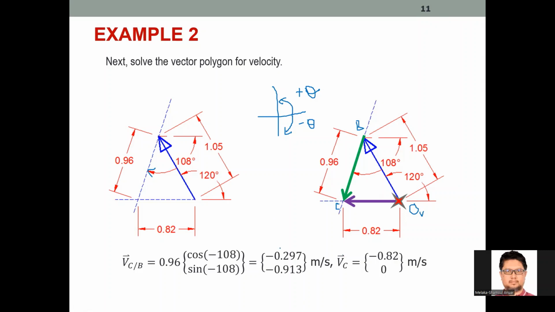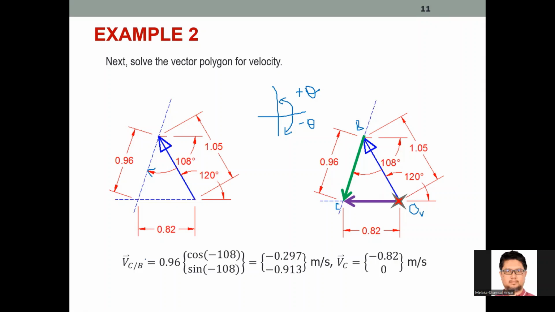Okay, and we get this 0.96 heading in this direction, and through calculation, if you do your drawing manually, you need to have your compass, protractor, and then you should be able to get the accurate reading.